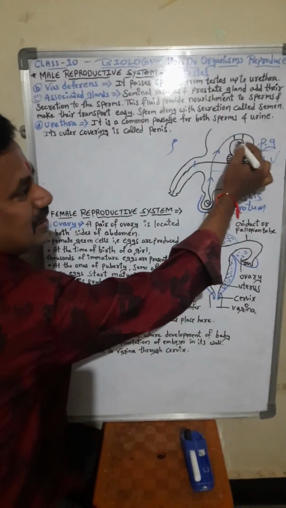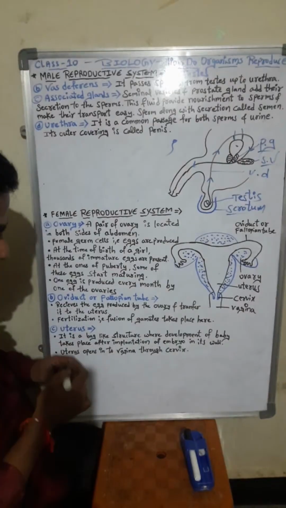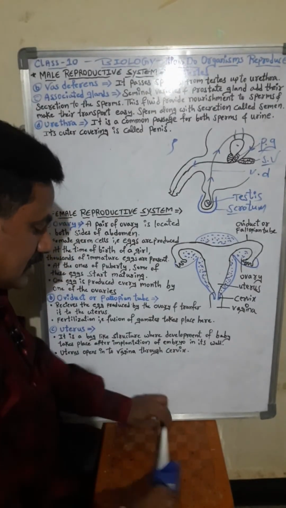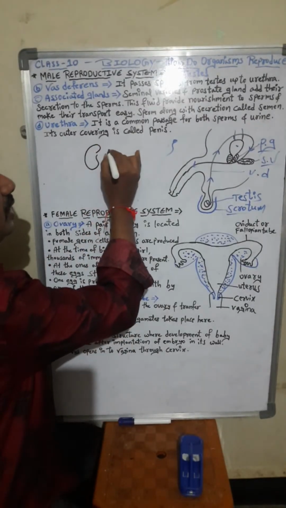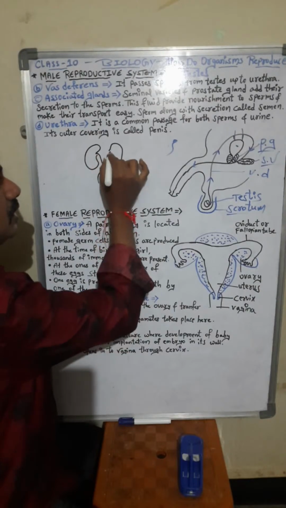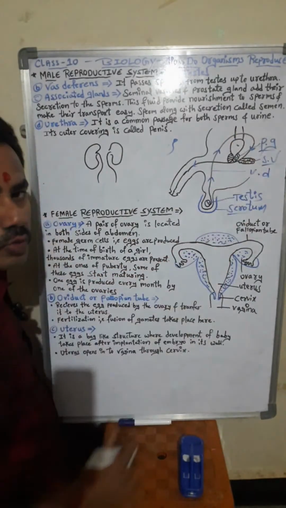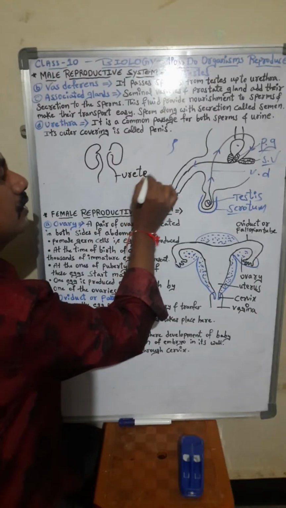So what is this structure? This is the urinary bladder. This is the ureter, which is coming from the kidney. As we have already discussed in life processes, students, a pair of kidneys will be there. The pipe coming from the kidneys is the ureter.